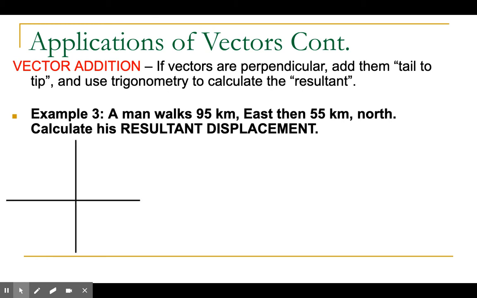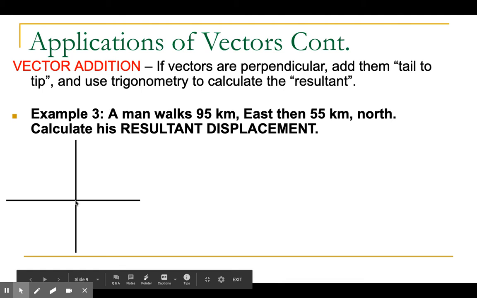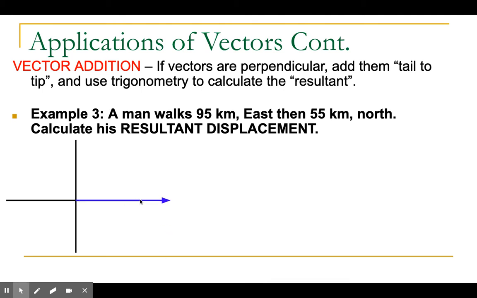This time, I'm going to represent it on an XY coordinate plane, just to make it easier to visualize. So here's the origin. Our man walks 95 kilometers to the east. Then he walks straight north for 55 kilometers.